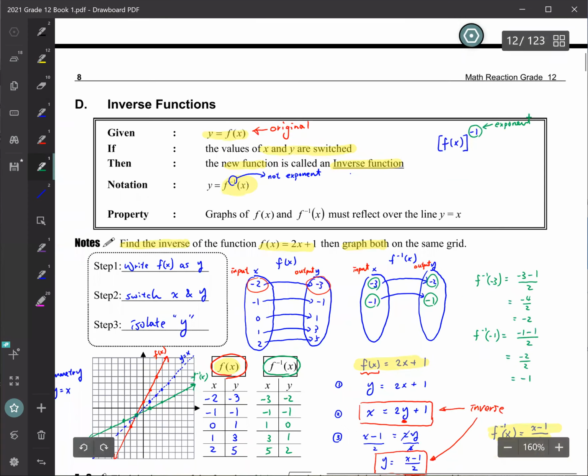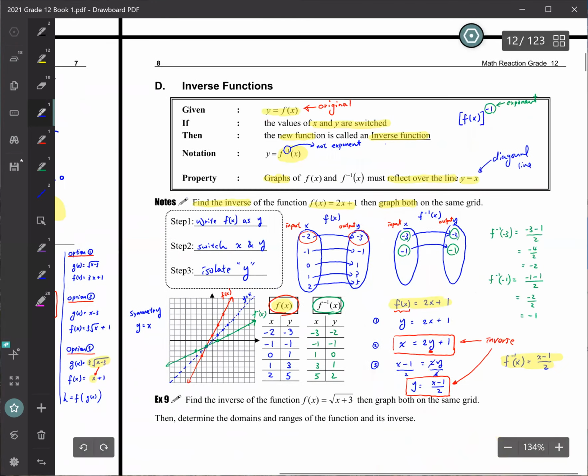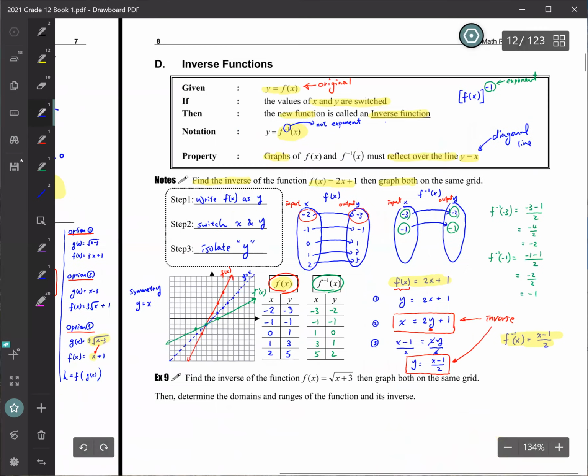So make sure you are careful. The next part is talking about the graph. The graph for the original and inverse will reflect over the line y equals x, a diagonal line, so you can check. That's all you need to know.